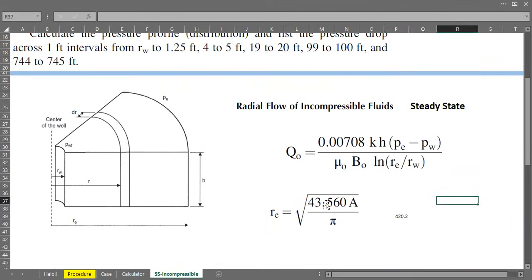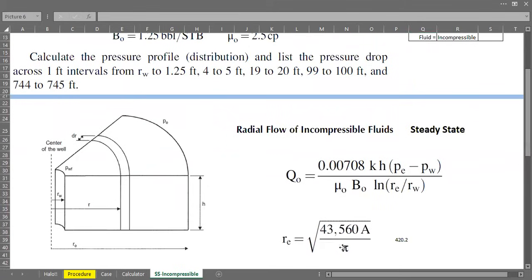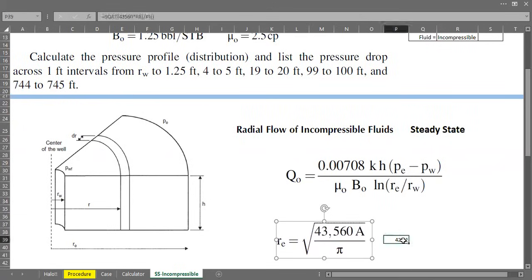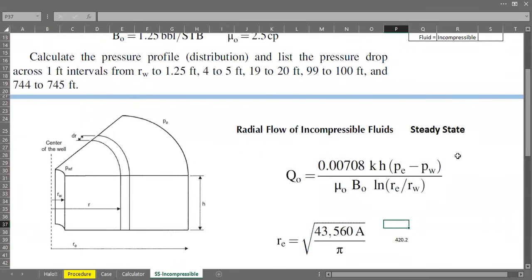All right, but it is, I think, acres, maybe, if I'm not mistaken. Yeah, I'm not sure. I need to convert the area first. Let's say this is acre, right? 40 acres.